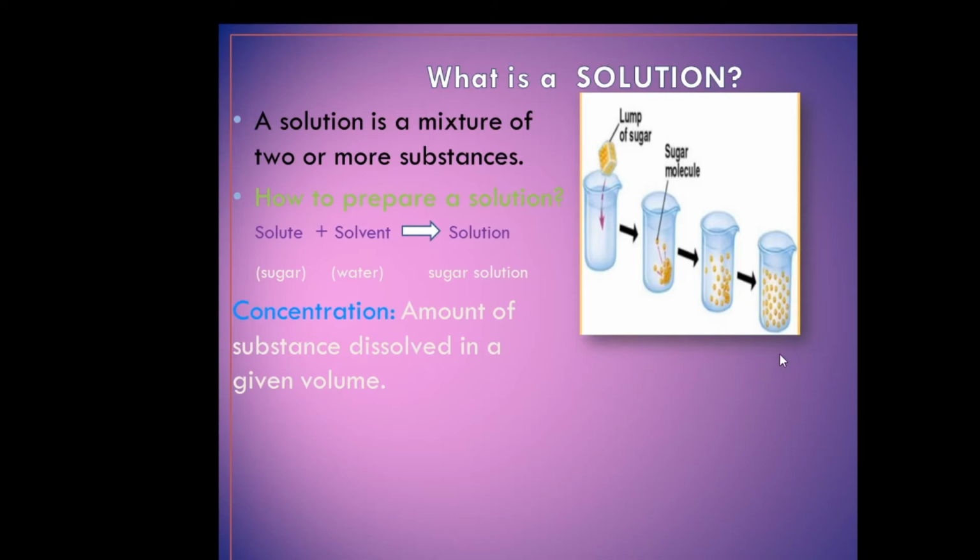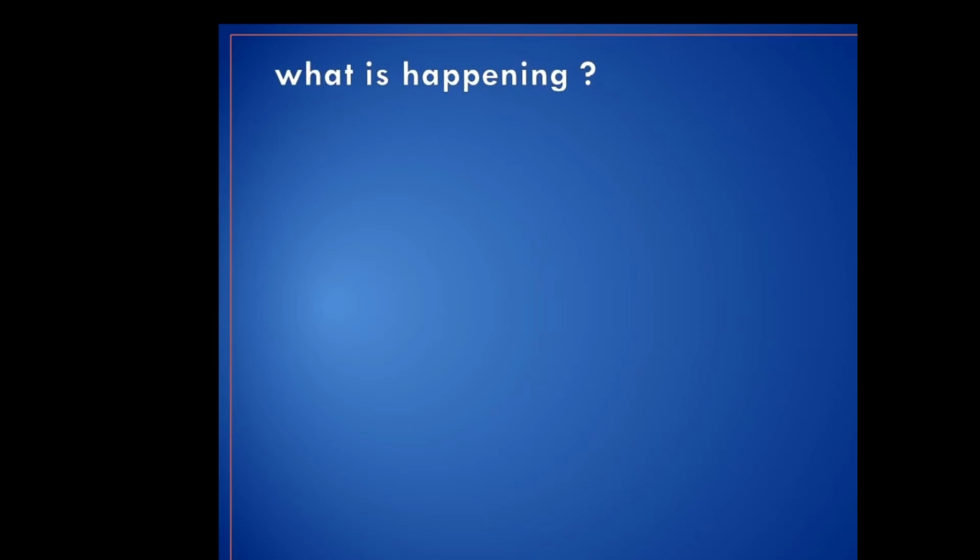Therefore, we get a sweeter solution with high concentration of the solute. That we call a hypertonic solution. The first solution we call a hypotonic solution, where the concentration of sugar is less, and hyper where the concentration of sugar is more.